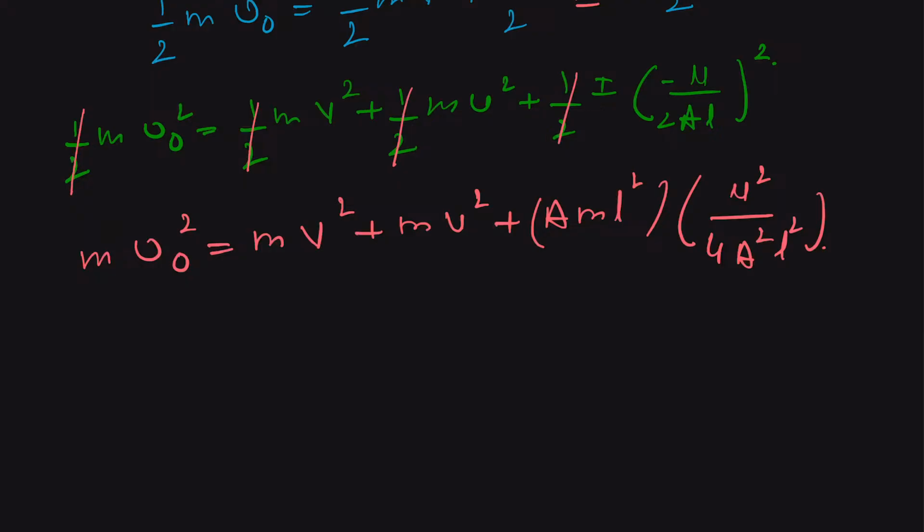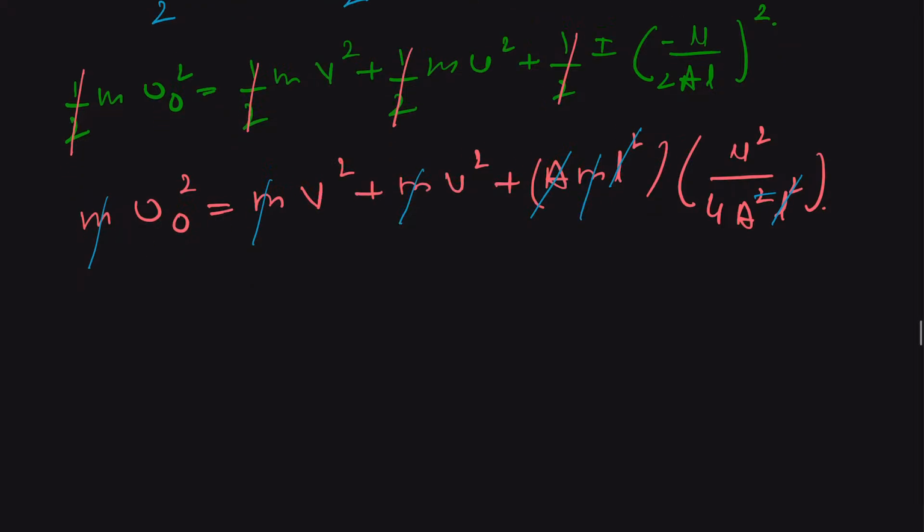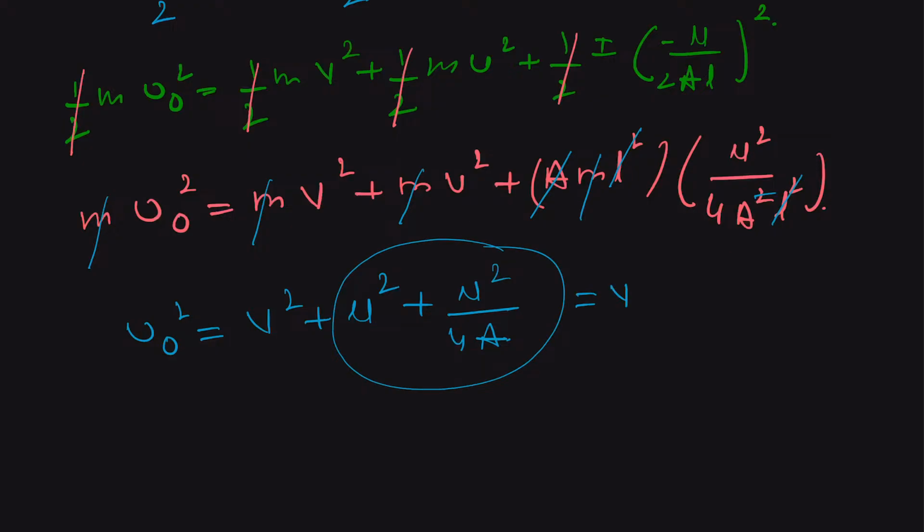Once again we can cancel out m throughout, l square cancels with l square, and a square goes by a. So we are left with v naught square is equal to v square plus u square, and in the last term u square divided by 4 times a, and we can combine these two terms. This gives us v square plus u square times 1 plus 1 upon 4 times a.